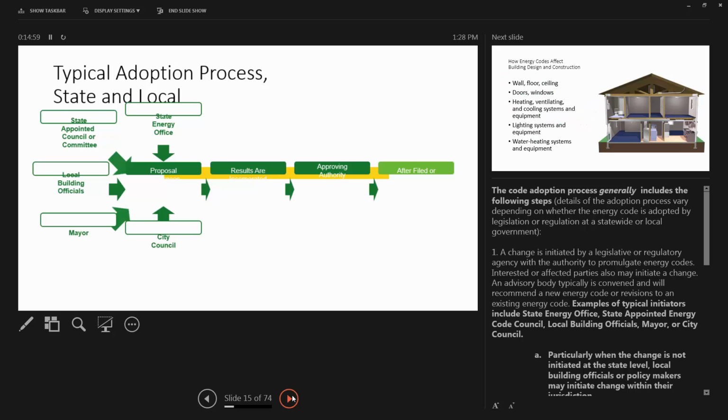So again, this is kind of what I'm saying, that some states have their own legislative action. Others have, like Montana, the Department of Labor and Industry Building Codes Department that approves the code. And then once the state approves the code, local jurisdictions have to switch and adopt it.